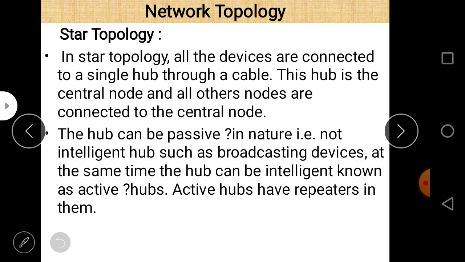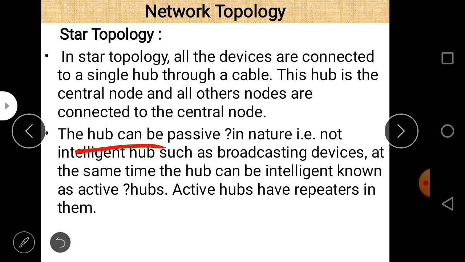The hub can be passive or active. There are two types of hub in nature. A non-intelligent hub is called a passive hub, and an intelligent hub is called an active hub. A passive hub is a broadcasting device.